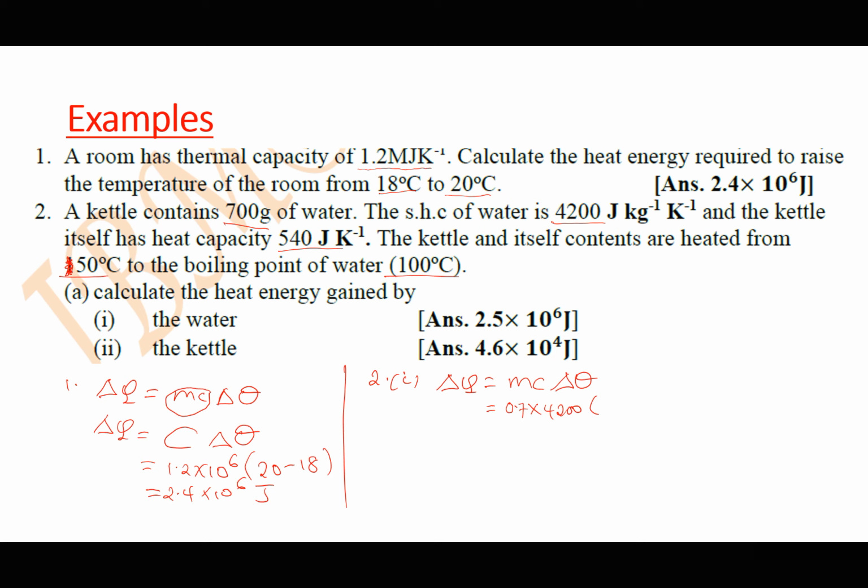So this will be times the change in temperature, which will be 100 minus 50. For this we calculate, press the calculator, 0.7 times 4,200 times 50.